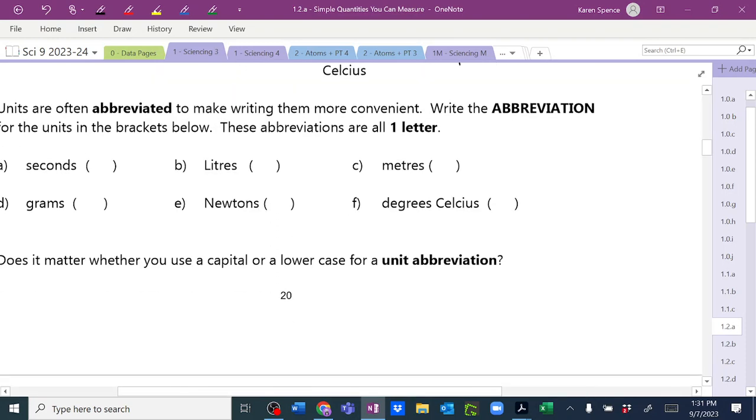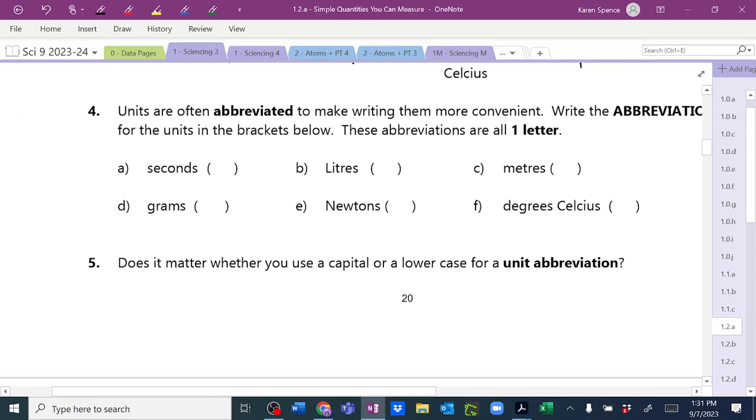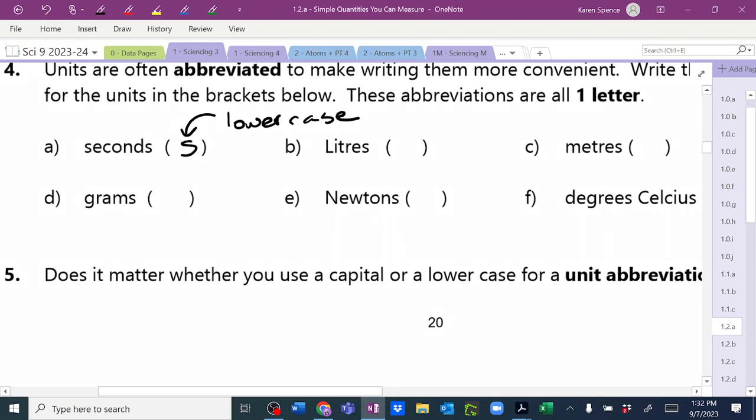So scientists are by nature lazy people. We like to come up with abbreviations for something. How do you think we abbreviate seconds? Yes, absolutely, yes. How do we abbreviate seconds? S, and that's going to be lowercase. How might we abbreviate liters?